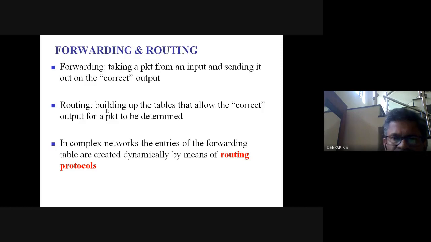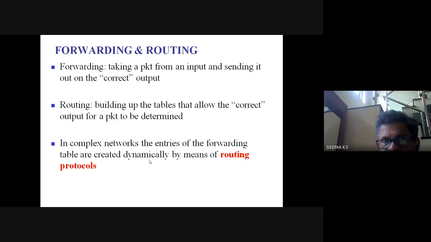Now routing. Routing is building up the tables that allow the correct output for a packet to be determined. So that routing table has to be filled with data. You need to populate those fields. So routes have to be found using routing protocols. In a complex network, entries of forwarding tables are created dynamically by means of routing protocols.